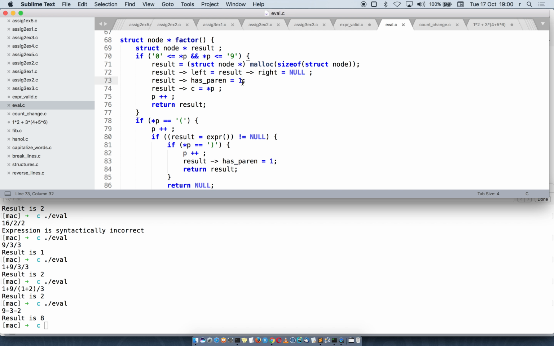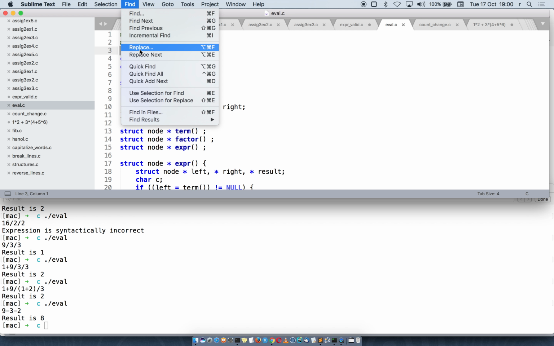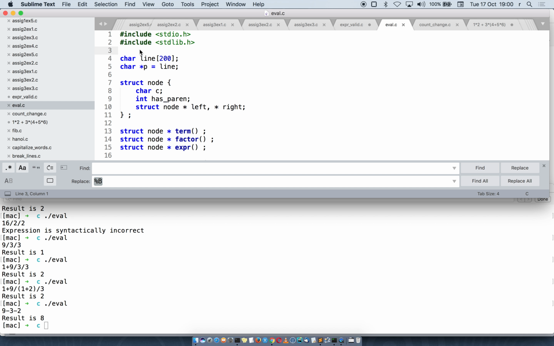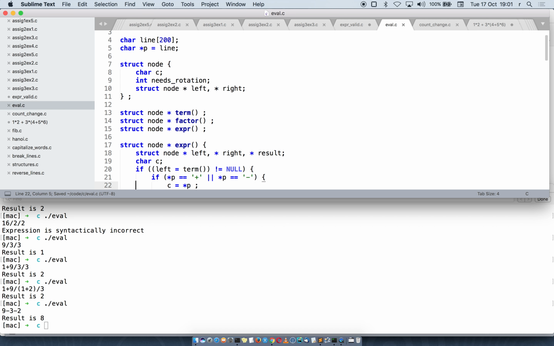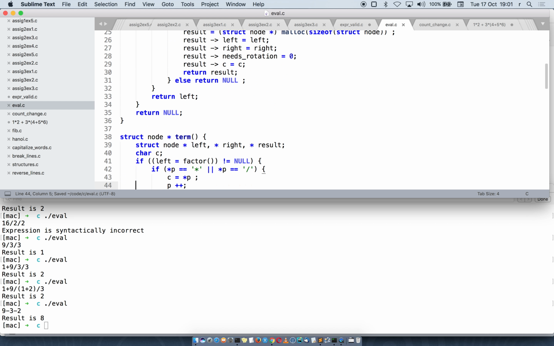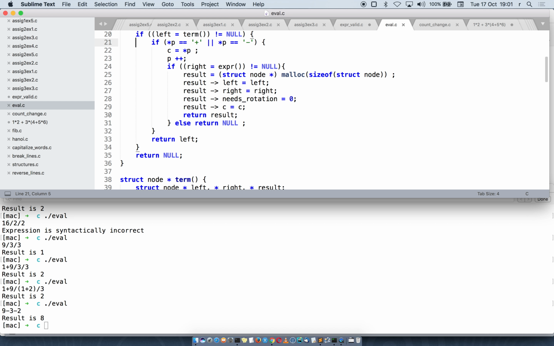So why don't we actually change it? We'll find, replace parentheses with needs rotation, replace all, done. Okay. So then we have to do exactly the same thing at this level, right?